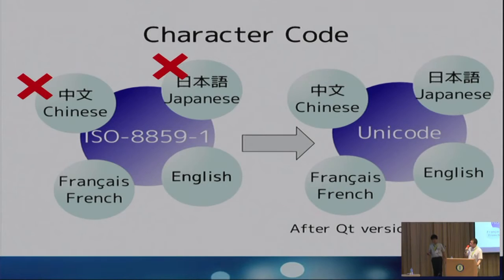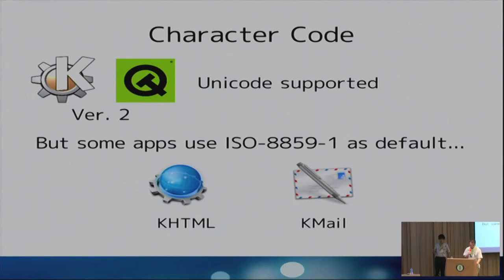Unicode is used after Qt version 2. But in versions 2 and 3, some applications still use Latin 1 as the default encoding. For example, KHTML and KML use Latin 1 when the character set is not set in the header.